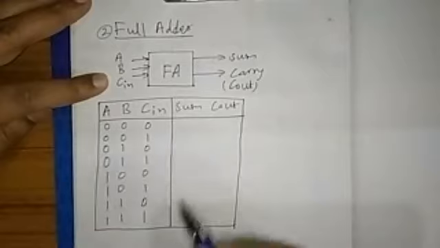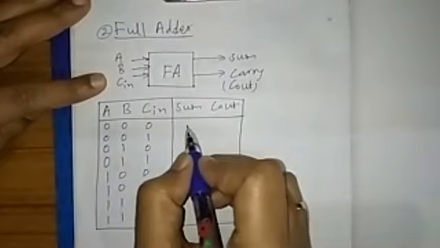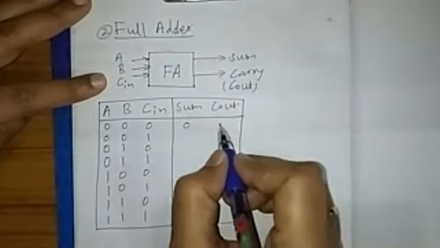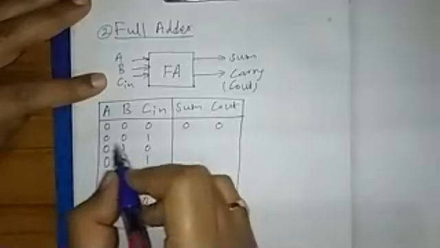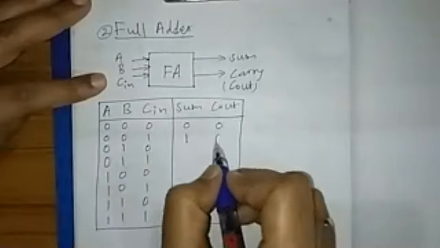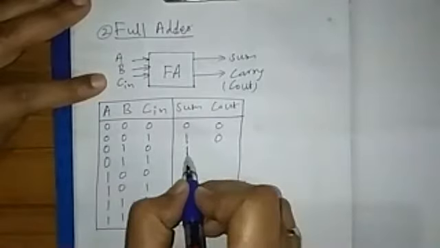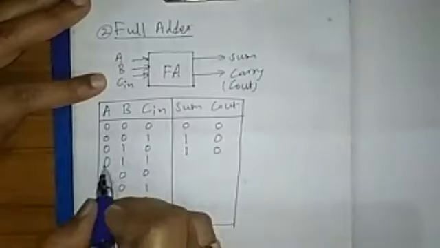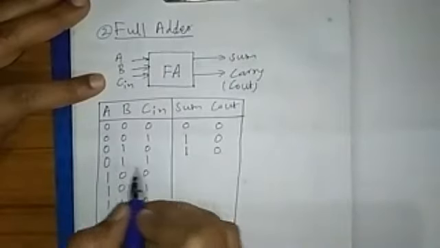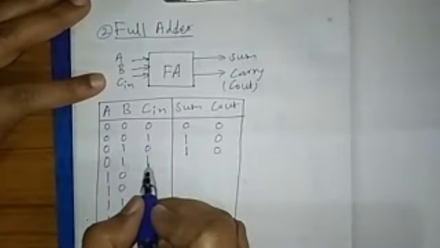For that, I will get sum as: 0 plus 0 plus 0, sum is 0, carry 0. 0 plus 0 plus 1, sum is 1, carry 0. Here also sum is 1, carry 0. 0 plus 1 plus 1, can anyone tell?